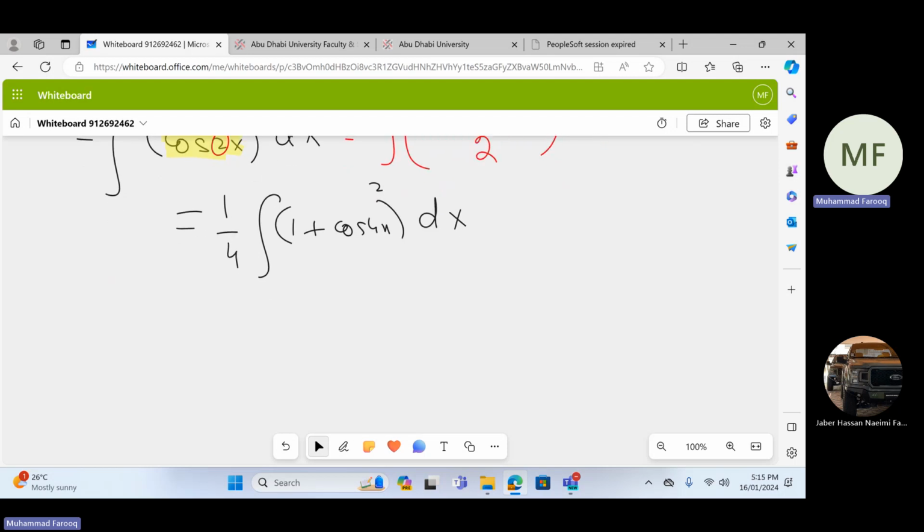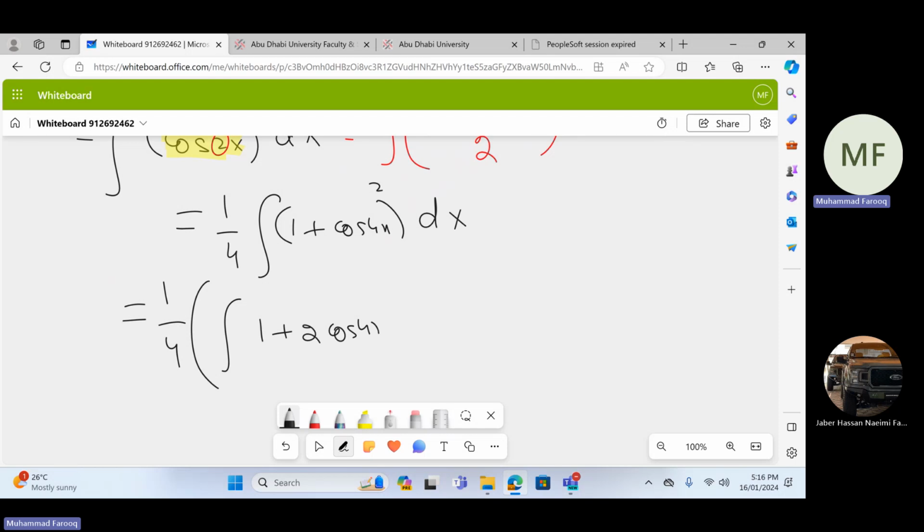I have taken out the power, and look at how lengthy the question is. So 1 by 4, and now integrate a square plus 2ab plus b square. Understand, yes or no?